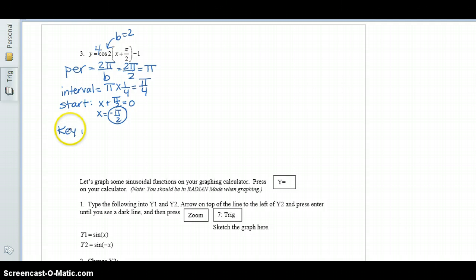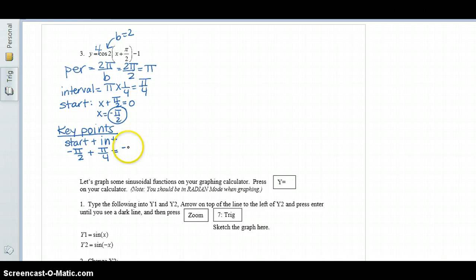Now we're going to calculate our key points. We need 8 key points in addition to our start. So the way the key points are calculated, you start by taking your start plus your interval. In this case, our start is negative pi over 2. Our interval is pi over 4. In order to add two fractions, you need to have a common denominator. So my common denominator will be 4.